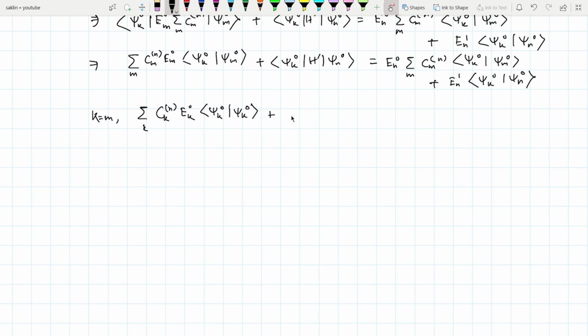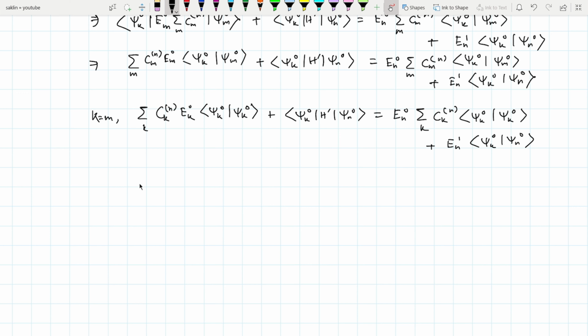Now in those terms I will not change anything, they remain the same. Here also the change will be applied, Ckn, that will be k0 and k0 also.